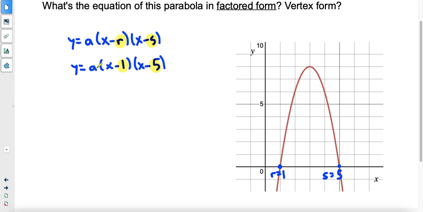Now, to find the a value of my parabola, what I could do is plug in another point on this parabola to find the a value.